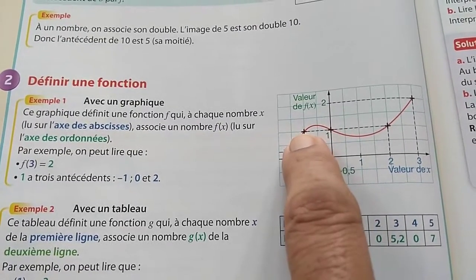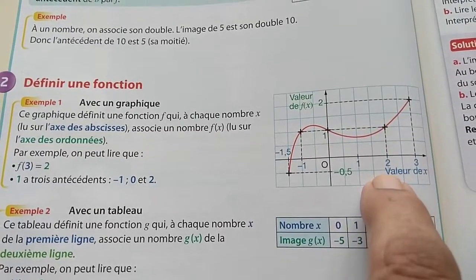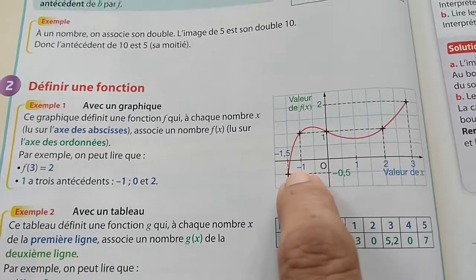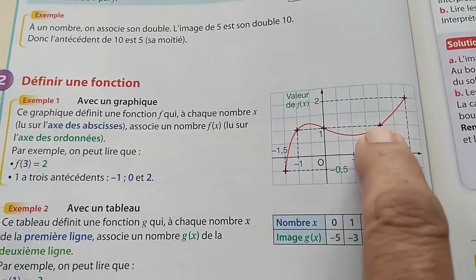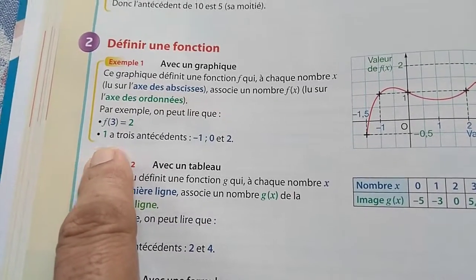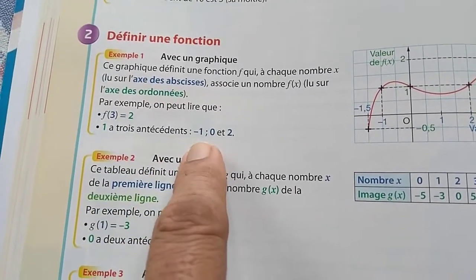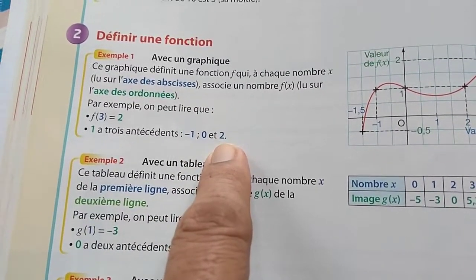And then similarly here it cuts, this is -1. And similarly here it cuts, this is 2. So for inputs of -1, 0 or 2, you will get an output of 1. Therefore, 1, which is the output, a 3 antécédents, that means has 3 inputs, -1, 0 and 2.